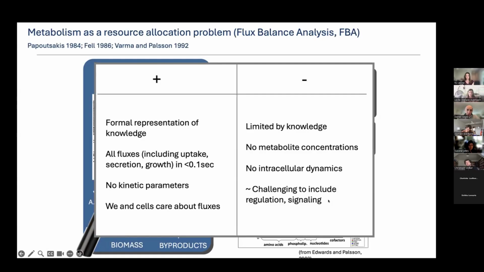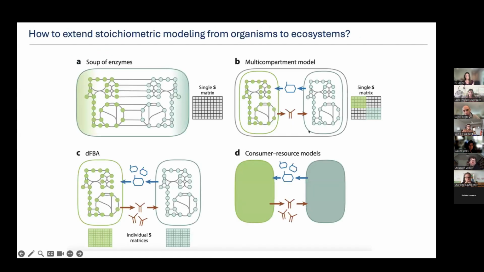So marrying genome scale models with omics data is obviously something that many people are interested in, but is also very challenging because of the nonlinear nature of the Michaelis-Menten kinetics that connects concentrations to fluxes. But I want to jump into what I think is the frontier of this field, which is trying to go from single organisms to communities.